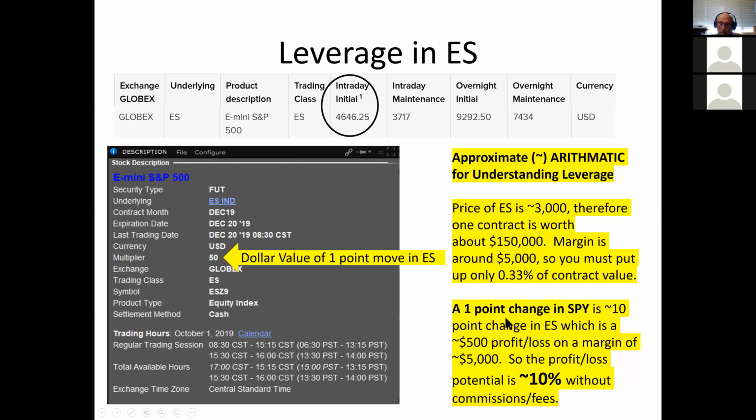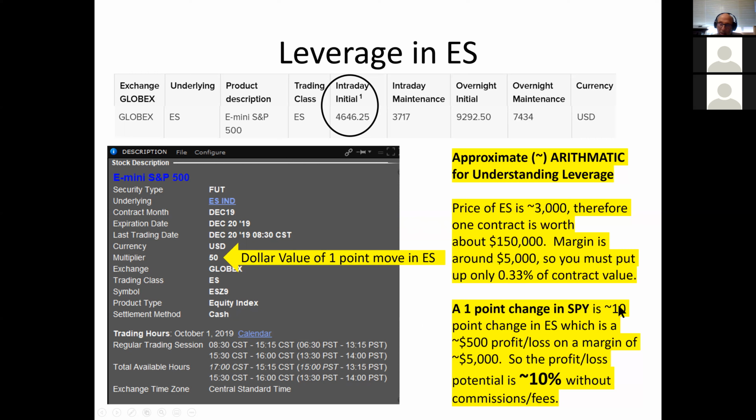Okay, and let's notice one other thing which is relevant to how we might trade this. Remember a 1 point change in SPY, which is our basic line? That's equivalent to a 10-point change in the ES. The ES is like the Standard & Poor 500, so it's 10 times higher.